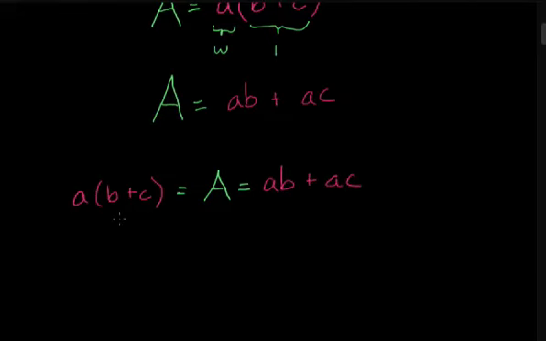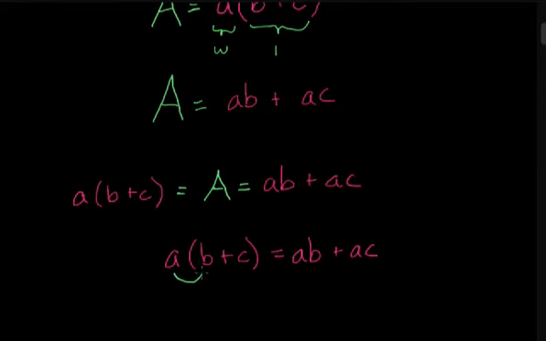And so because both of these ways are equal to the same value, the area, we can set them equal to each other: a times the sum of b and c equals a times b plus a times c. And this can be illustrated using arrows.